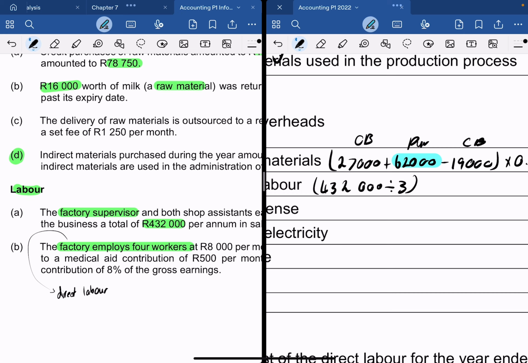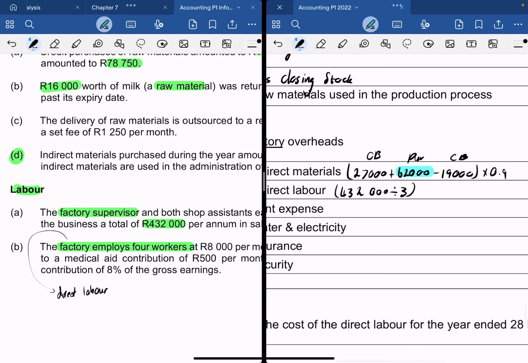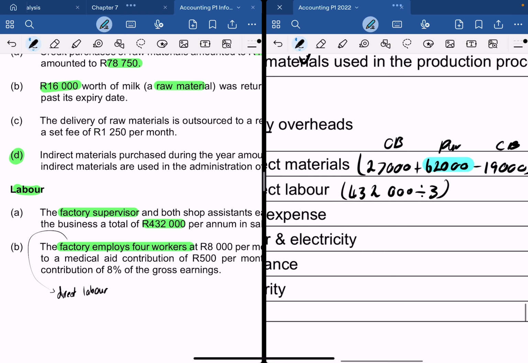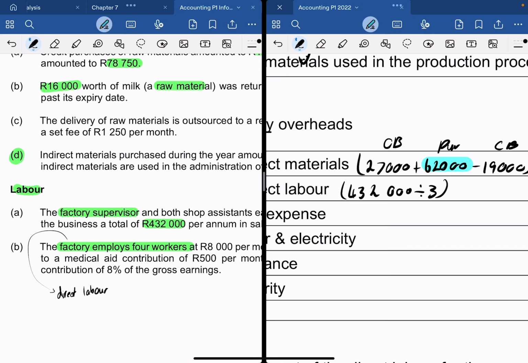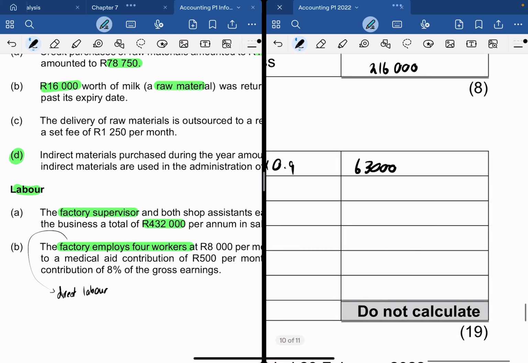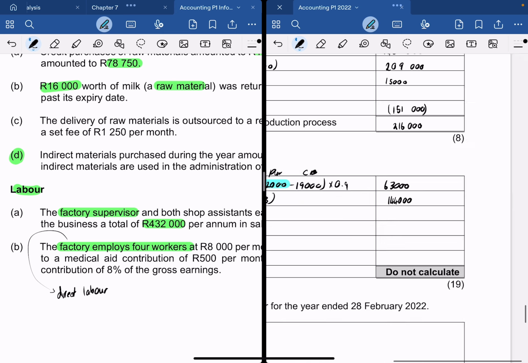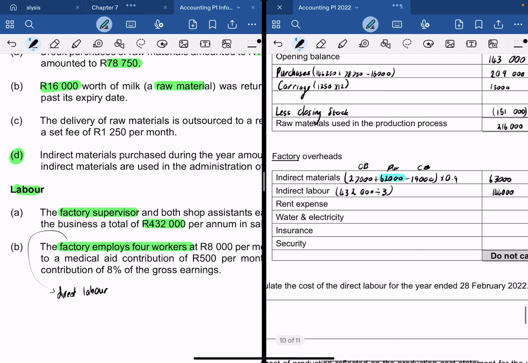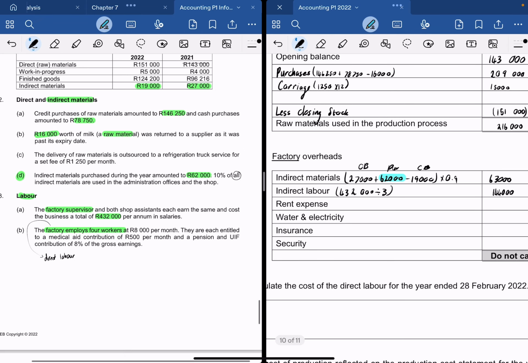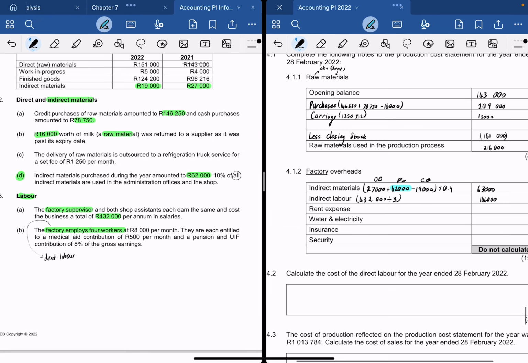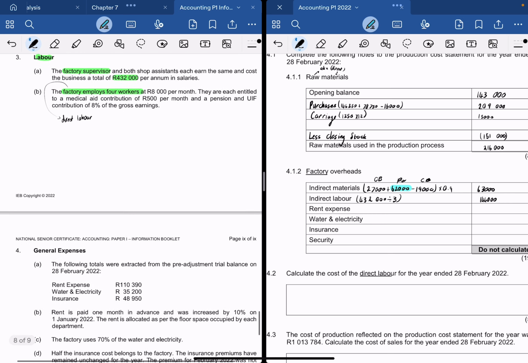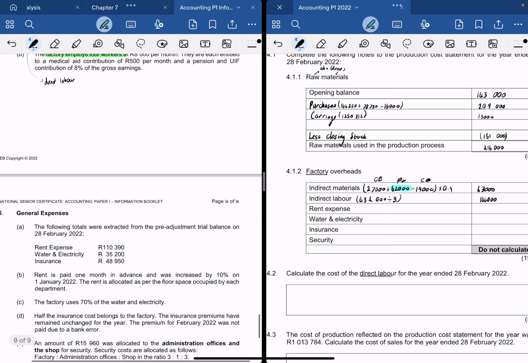Because the only indirect labor we care about for this production cost statement is the factory supervisor, who earns 144,000. Perfect. And then we could see here it's going to ask us for the direct labor a bit later on in the question. Not necessary now.